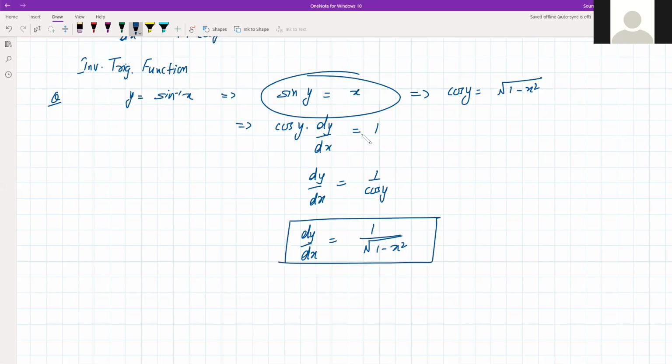Now based on this method itself, we will be finding the differentiation of all the inverse trigonometric functions, that is sine inverse x, cos inverse x, tan inverse x. You can try that yourself and you will come up with 6 results. One of them is here, sine inverse x, its differentiation is 1 by root of 1 minus x square.